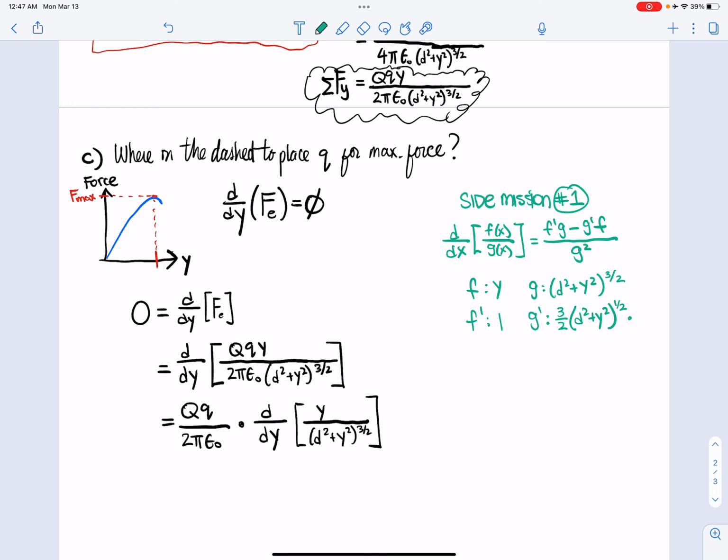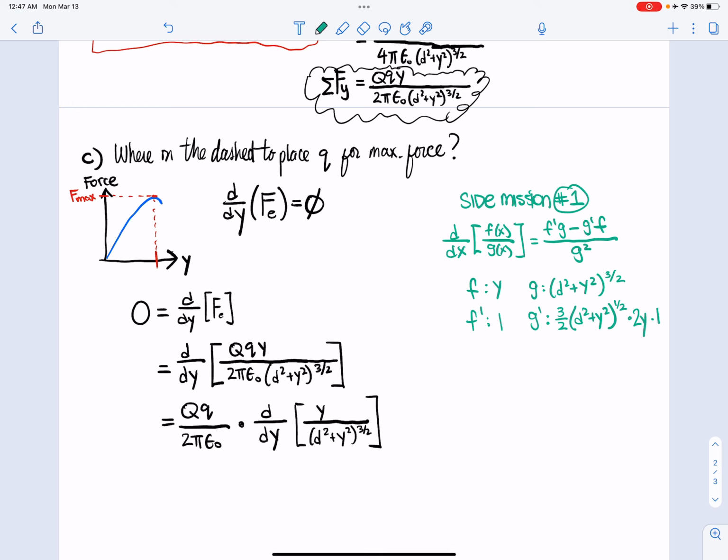That will be the derivative of d squared. Well, d squared will be 0 plus the derivative of y squared. Y squared would be 2y, times 1.